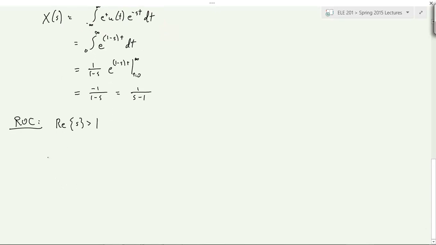Because, look at this function. Here, let's use another color. Look at this thing, e to the (1 minus s)t that we were trying to integrate. This is e to the (1 minus the real part of s)t times e to the negative i times the imaginary part of s times t.